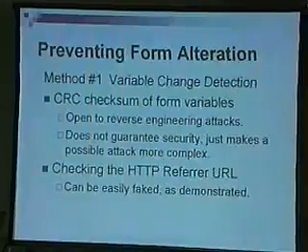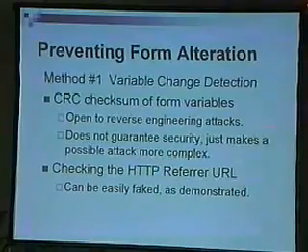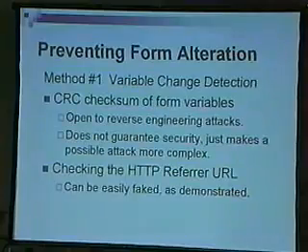Now, for preventing form alteration, I've got to go quickly because I'm running out of time. You can do a CRC variable checksum so that you know the data hasn't been altered, but that can be reverse engineered, so it just kind of obscures it a little bit. Again, you can check the HTTP referrer, but that can be faked, as demonstrated.